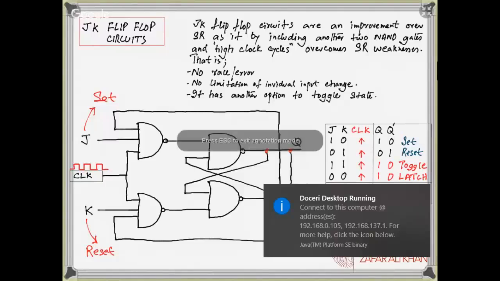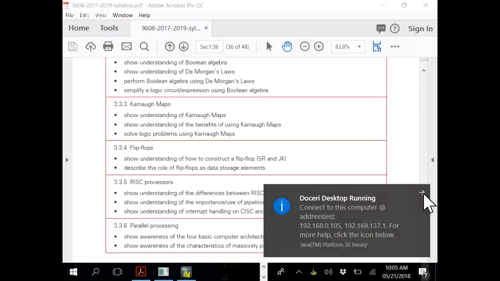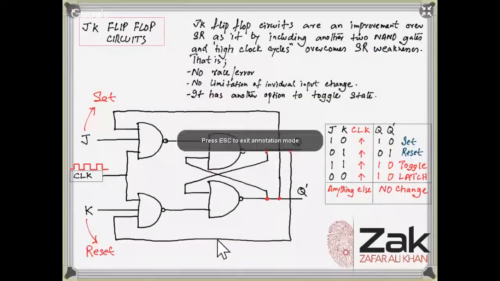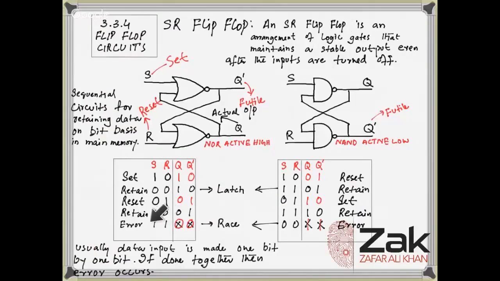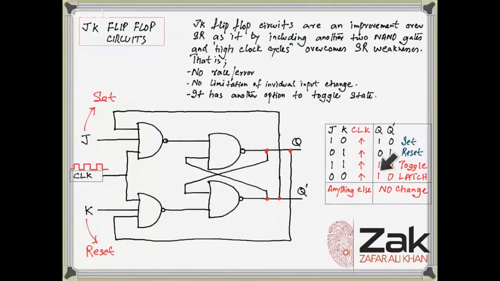So this combination is coming from what? NOR SR. What is introduced? This was an error there in NOR SR. So remember, JK is actually exhibiting NOR SR. Only the difference is that what was an error in NOR SR now has the toggle function, with an added input which is clock high.